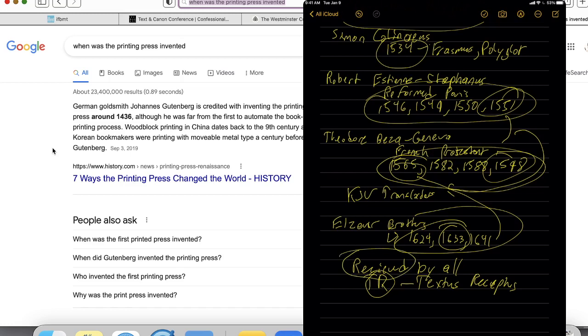The Textus Receptus formed the basis. Any one of these editions of the TR formed the basis for all of the Protestant Reformation era Bibles.